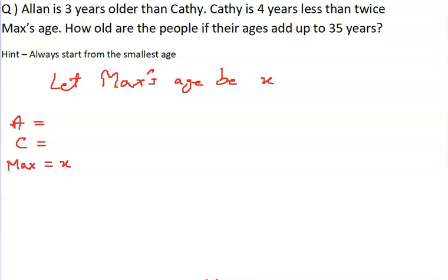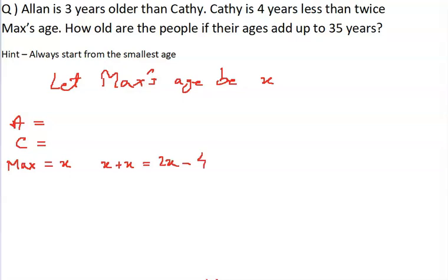So 4 years less than twice means if Max's age is X, twice Max's age would be X plus X, which is 2X. And then it says less, so 4 years less would be -4.